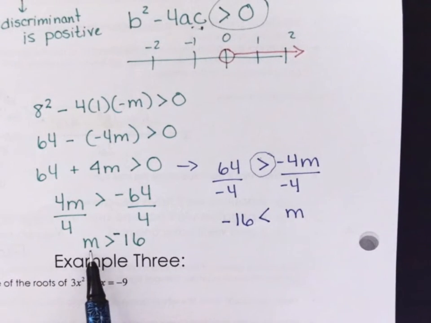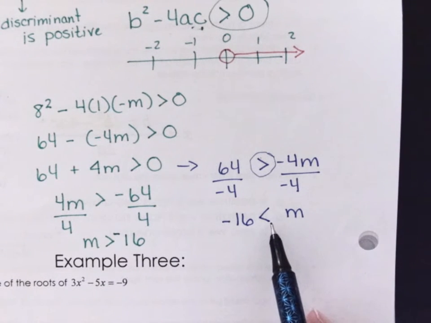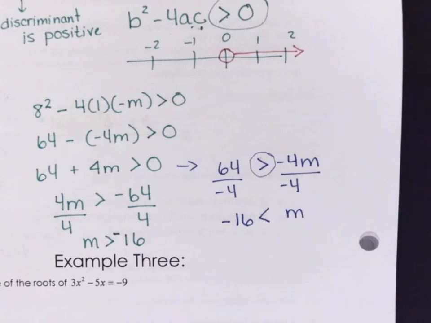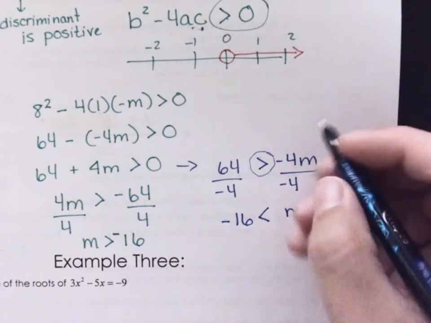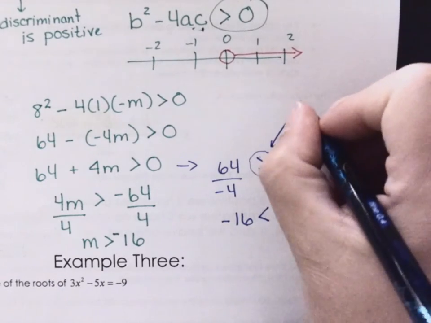Let's read this. What does this say? M is greater than -16. I want you to read this. M is greater than -16. It's the exact same answer, but lots of people forget to flip the sign.